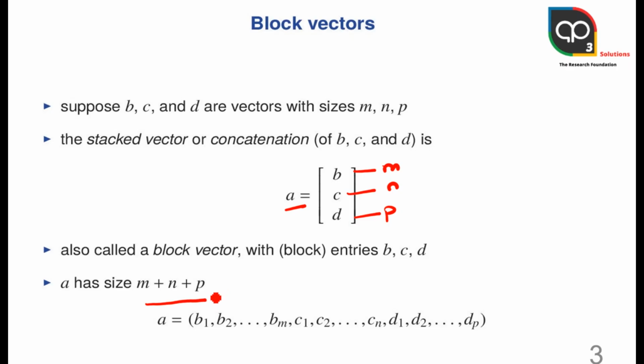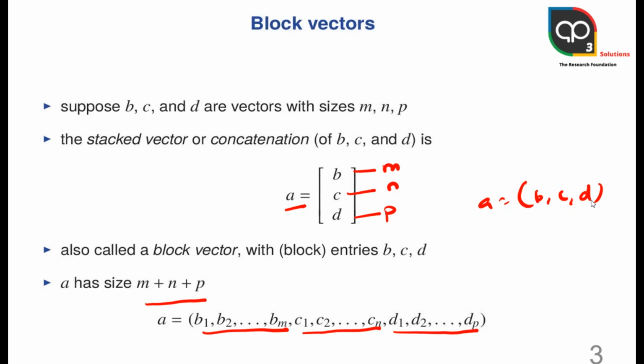It is specified as a equals b_1 to b_m, then c_1 to c_n, and lastly d_1 to d_p. So the stacked vector a is also written as a equals (b, c, d).